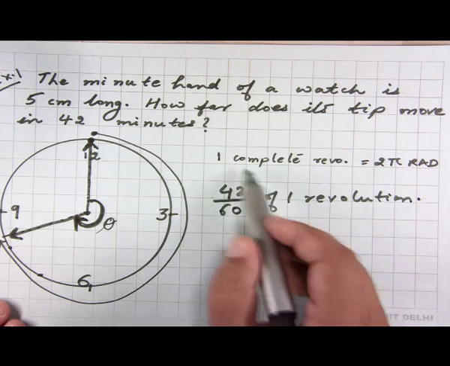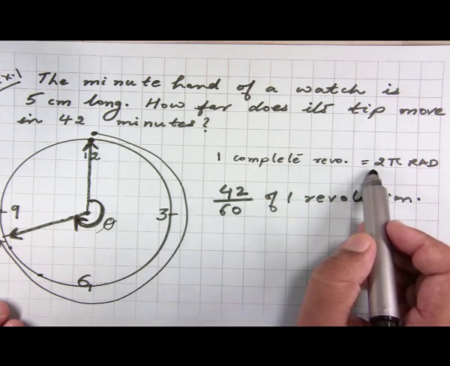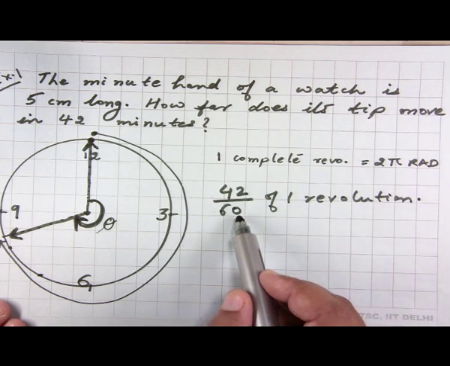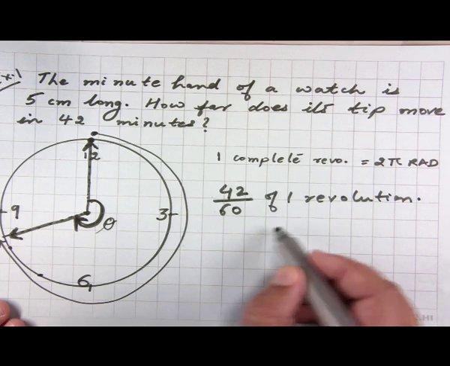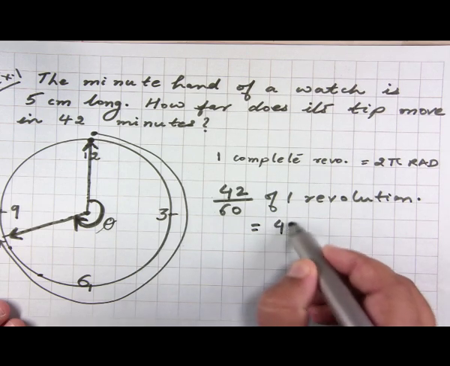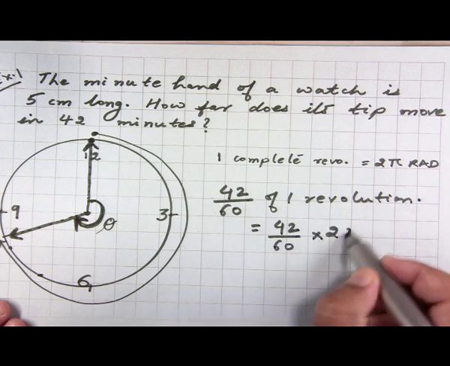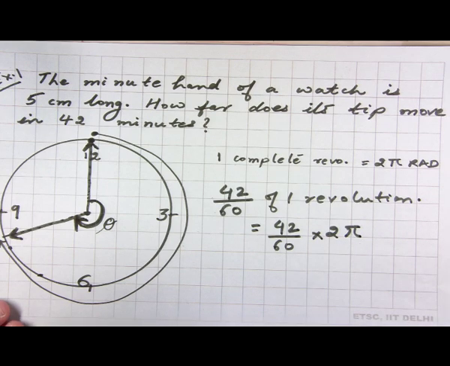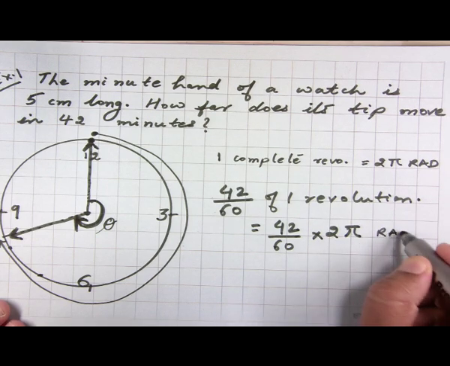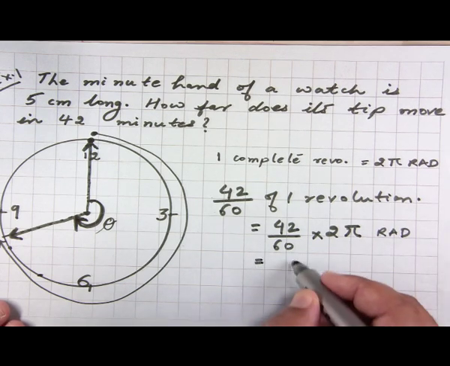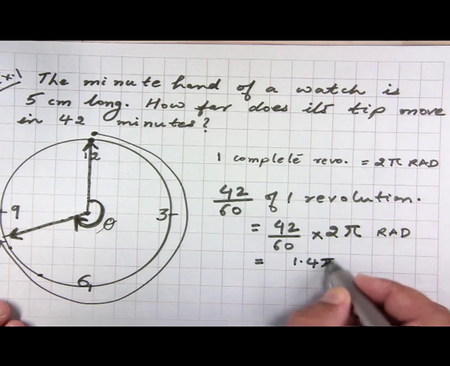Now, since one complete revolution corresponds to a rotation of 2 pi radians, 42 by 60 of 1 revolution will correspond to 42 upon 60 times 2 pi radians, which is equal to 1.4 pi radians.